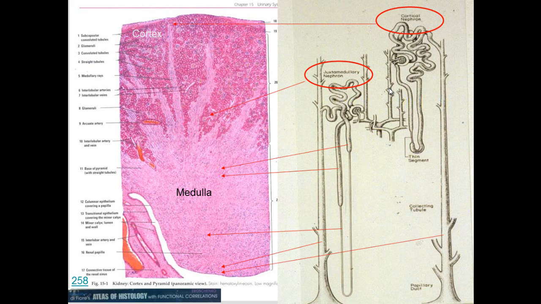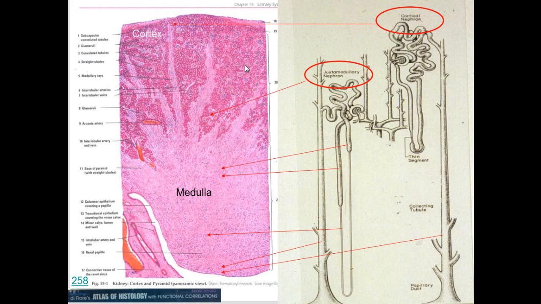And then there's also cortical nephrons. The cortical nephrons are located in the cortex, and they have a short loop of Henle, and the loop of Henle itself could be somewhat down in the medulla, or it could be in the cortex itself.